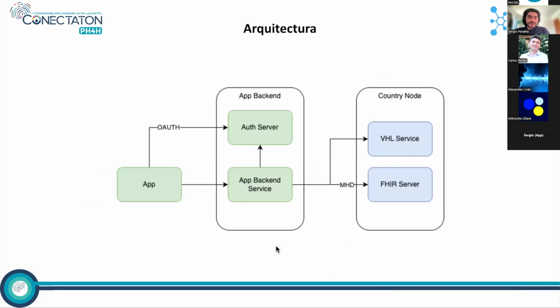Just for us to recall the architecture of the application, it works like this. We have the application per se, which is what's running on the mobile phone. We have the application backend, which is made up of two parts. The backend itself, which is the service that has all the infrastructure in order to get the IPSs, the VHLs, and we also have here the mechanism to merge them.